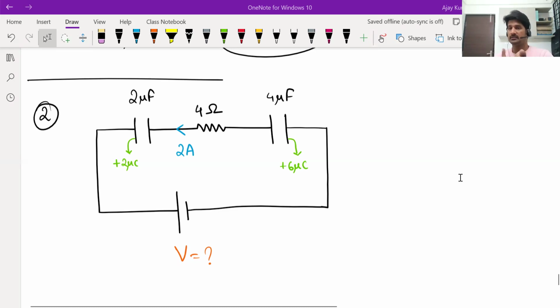See, you may get the answer negative also. If you get an answer negative, it means the terminals are actually reversed. It's not necessary that this is the actual polarity of the battery. Find out.